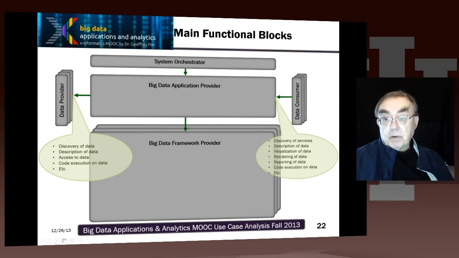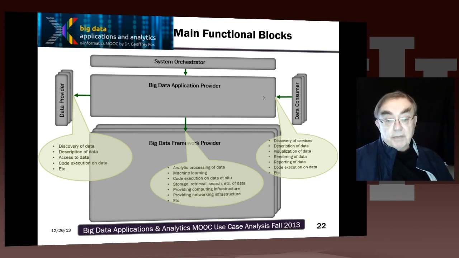Here's where whoever's consuming the data, that could be another application or the user, is discovering, describing, visualizing, rendering, reporting, and executing code on the data. So that's what the consumer is telling the system to do.